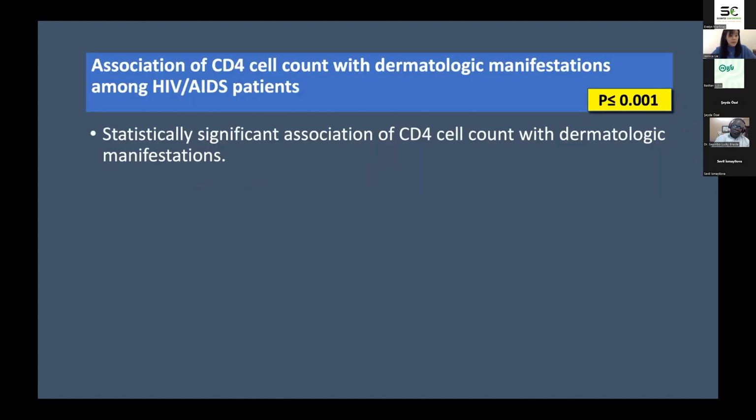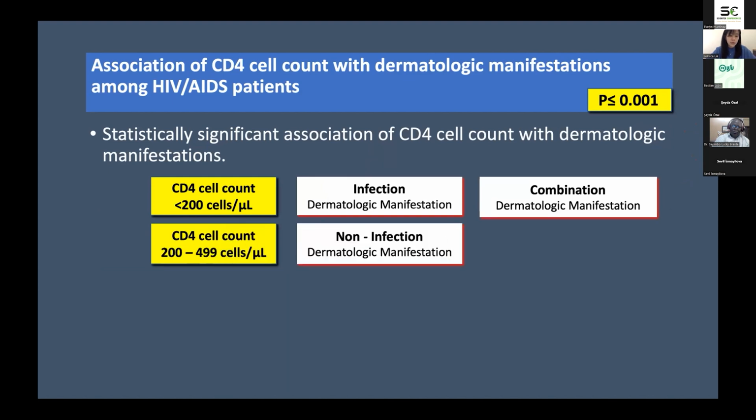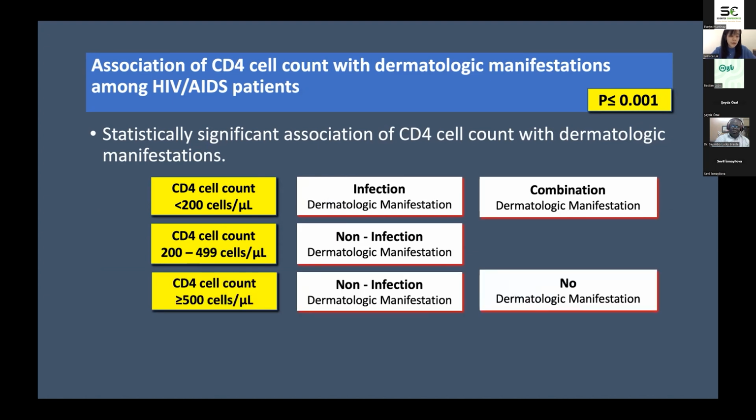The result of this study showed a statistically significant association of CD4 cell count with dermatologic manifestation: a CD4 cell count less than 200 is associated with infection and combination, while a CD4 cell count 200 to 499 is associated with the non-infection group, and a CD4 cell count more than 500 is associated with non-infection and no dermatologic manifestation.